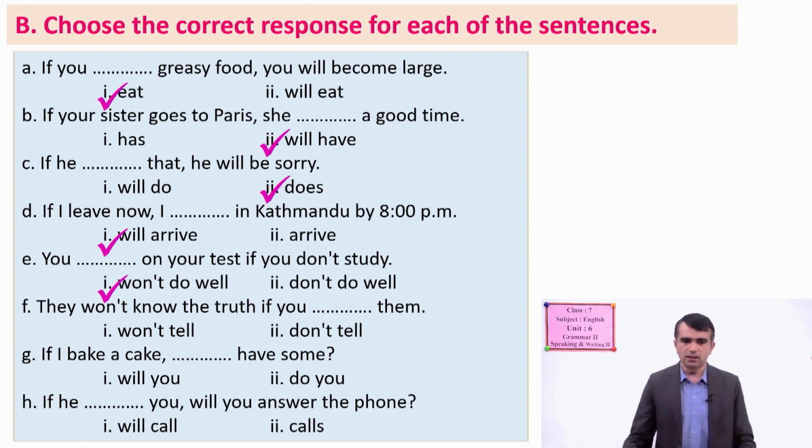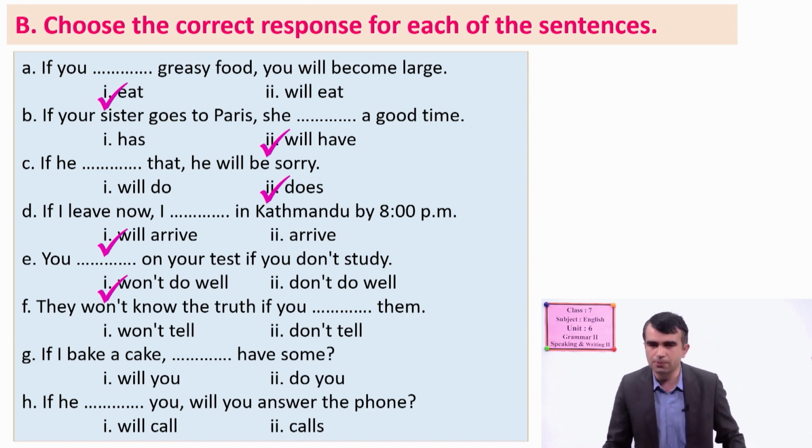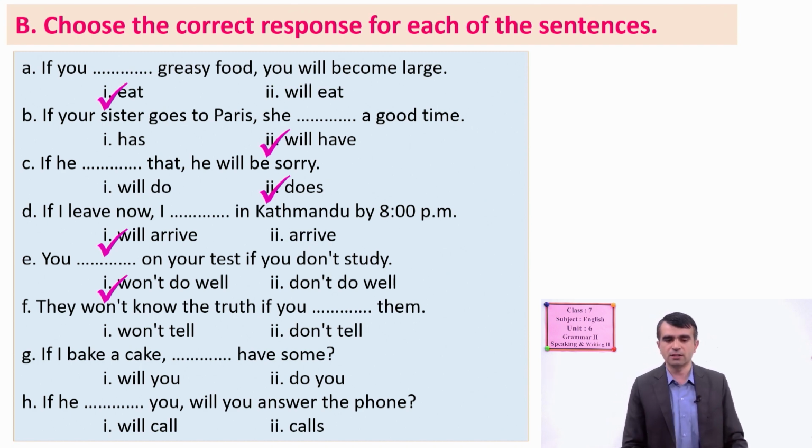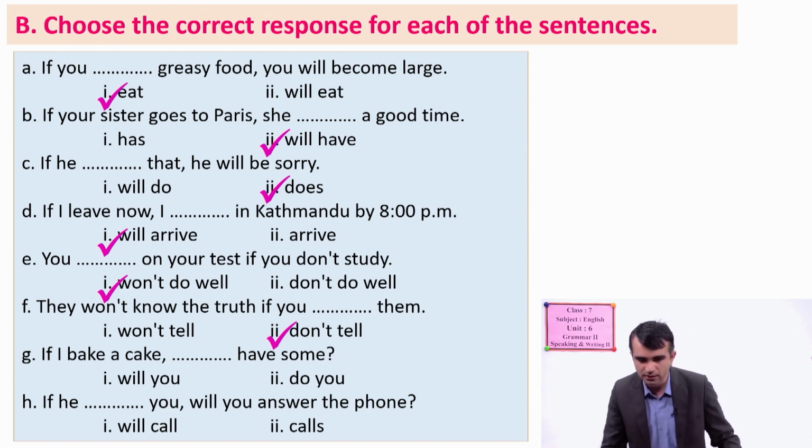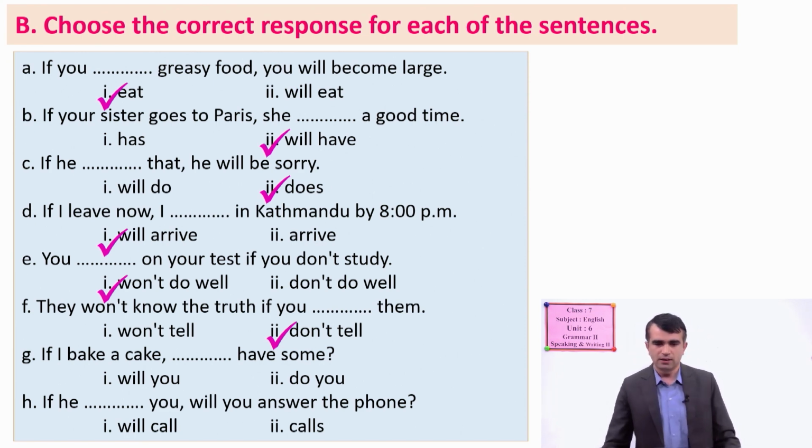Okay, next one. They won't know the truth if you don't tell them. And what do you use here? Okay, certainly that is don't tell. Okay, if you don't tell.